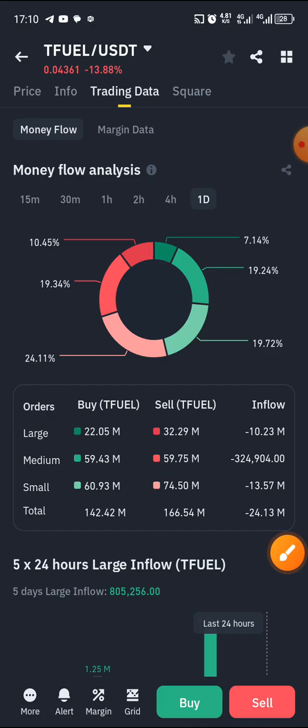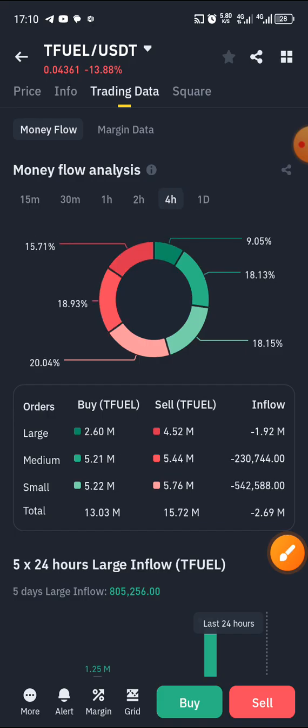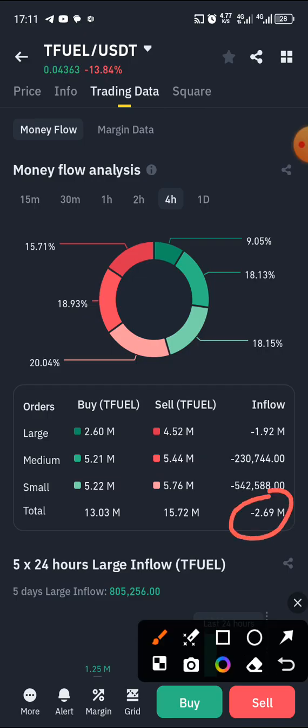When we go to 4 hours, still we have the negative inflow, meaning the outflow is $2.69 million. The sellers are more than the buyers.